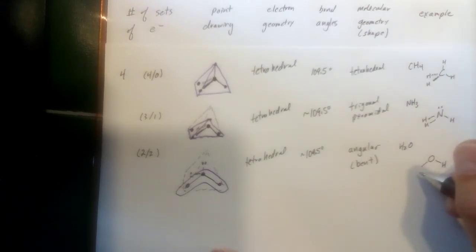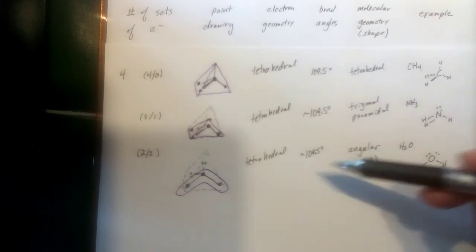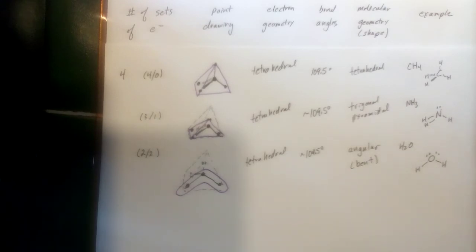Right? We connect the 2 hydrogens, and we end up with 4 electrons or 2 pairs to go on the central atom. So that central atom has 4 sets of electrons, 2 bonding sets, 2 non-bonding sets, and that would fall into our angular geometry with 109.5 degree bond angles.